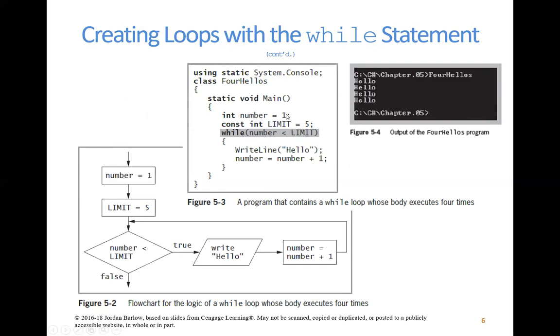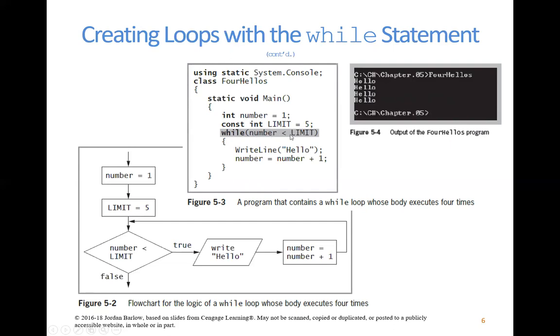It was assigned an initial value of 1 when the variable was initialized. So at this point in the code, if 1 is less than this limit variable, which in this case is 5, then the code inside these braces is going to be executed.